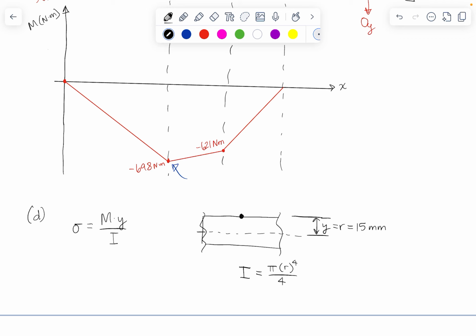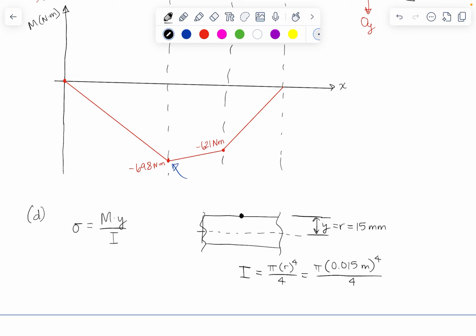You can also find it anywhere online. It's in the PE handbook. So now let's plug in our numbers here. We've got pi times 0.015 meters to the 4th power over 4. So this is going to give us a really small number.